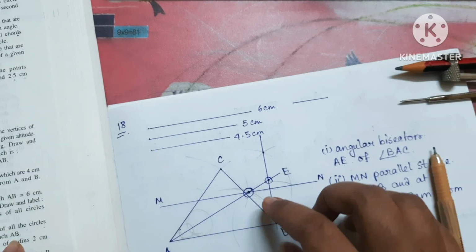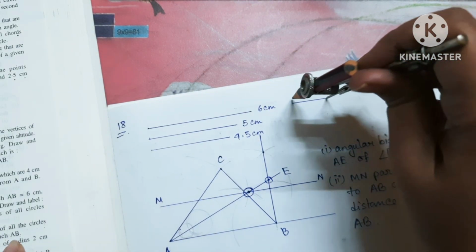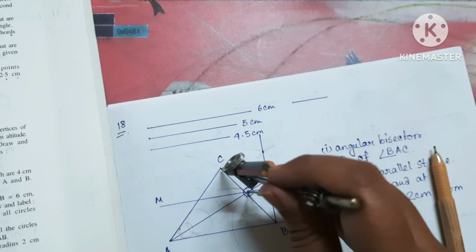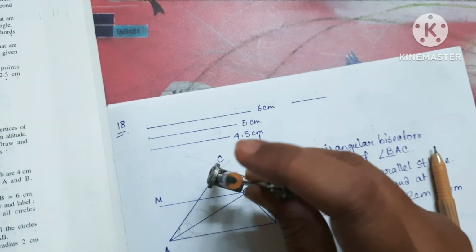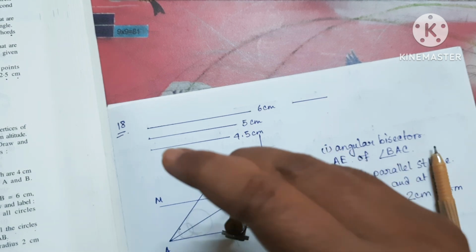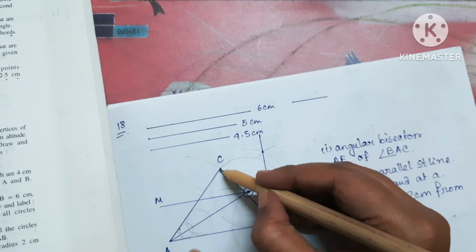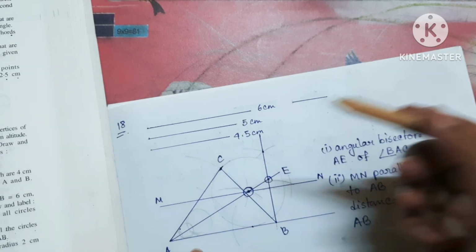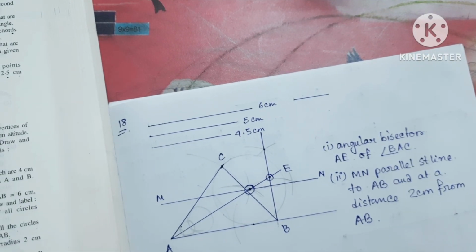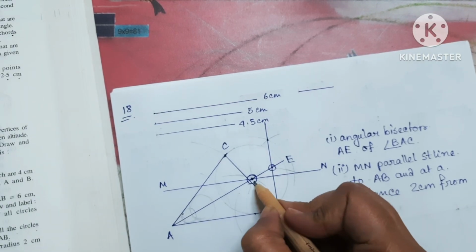Now you take this 2 cm as the radius of the circle, and if you draw the circle, you can see this circle touches AB and AC at this point and that point. So this is the required circle, and you can rename this point as O.